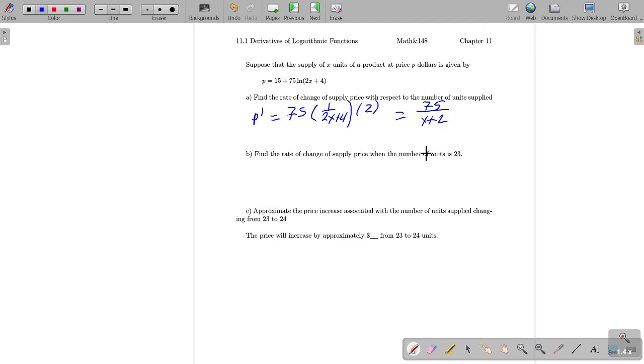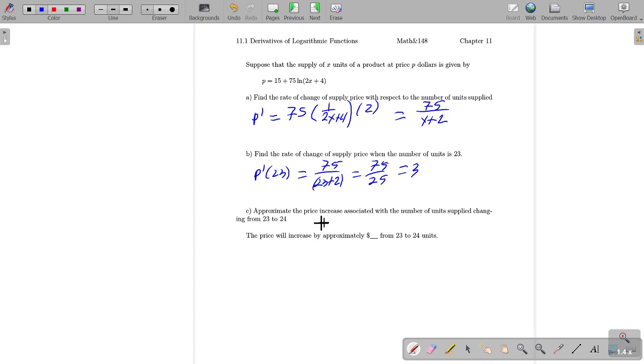Now we have to plug in 23. So p prime of 23 is 75 over 23 plus 2, 75 over 25, which is $3.